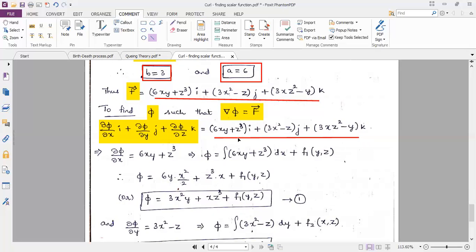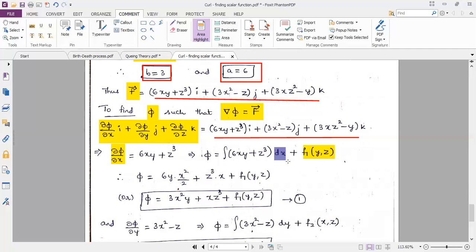Firstly, the i component gives us ∂φ/∂x = 6xy + z³. So integrating with respect to x, the integration of 6xy + z³, and adding the constants in a similar manner to the previous problem.